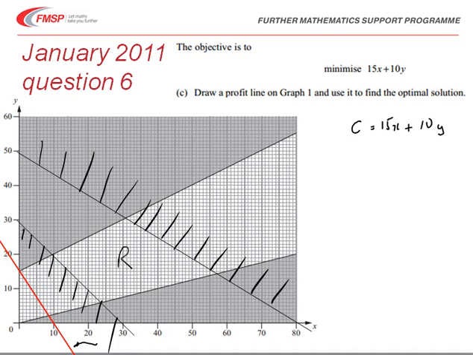This one here is 15x plus 10y is equal to 150. Now we can find the minimum point by moving that line along the graph until it meets the feasible region.